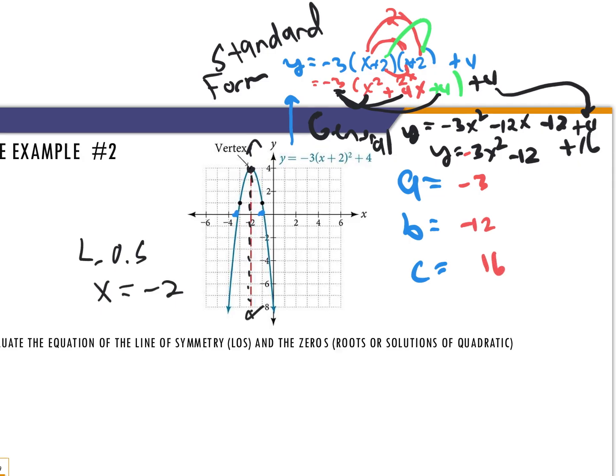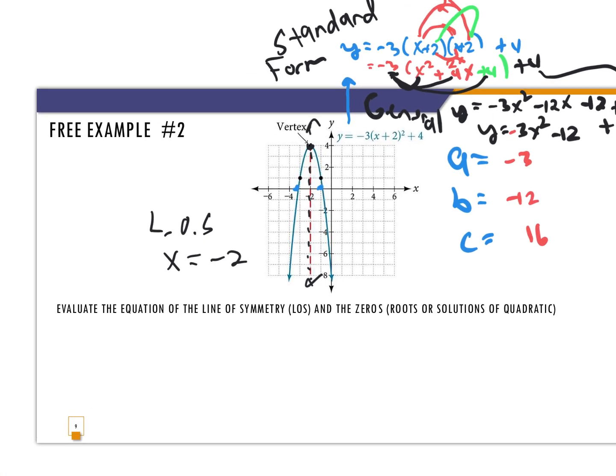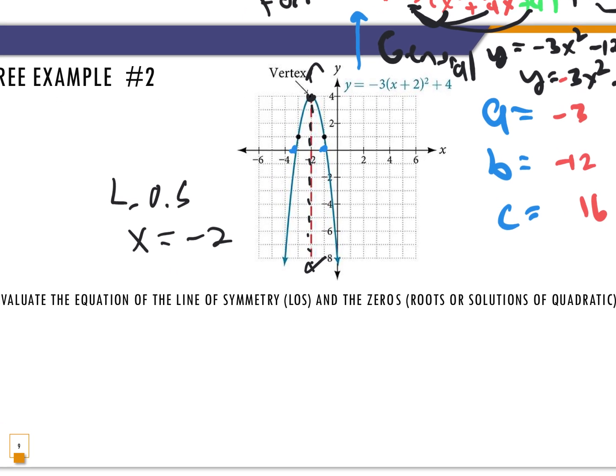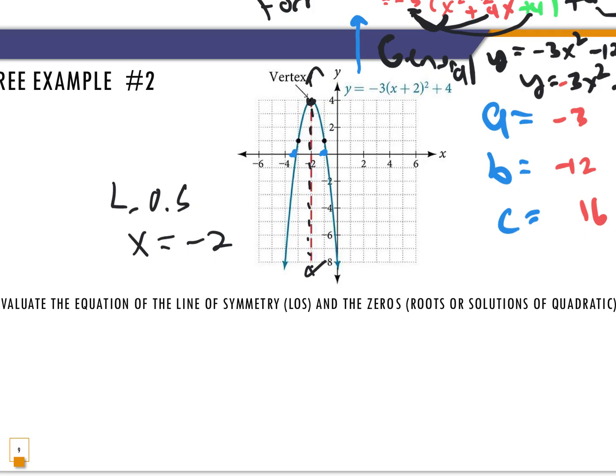Are you ready for the quadratic formula? So the first thing I write is the formula: x equals negative B plus or minus the square root of B squared minus 4AC, all over 2A. Plug everything in.